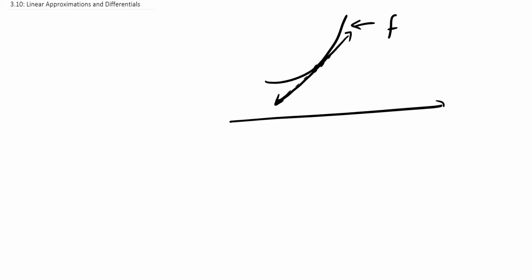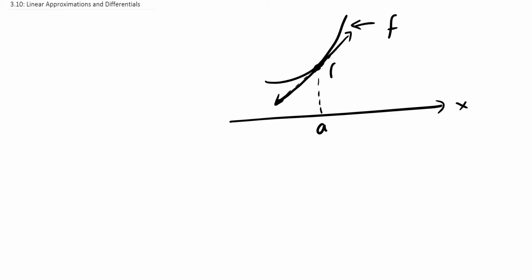So let's say we have this function f. I'm going to draw a tangent line to this function at some point. Say that's the x-axis, a, so x equals a.